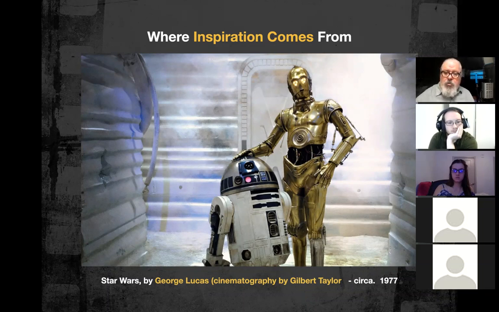So C3PO had to be lit very deliberately in order to have that metallic suit look believable, without lifting the veil and revealing that he's standing on a movie set.